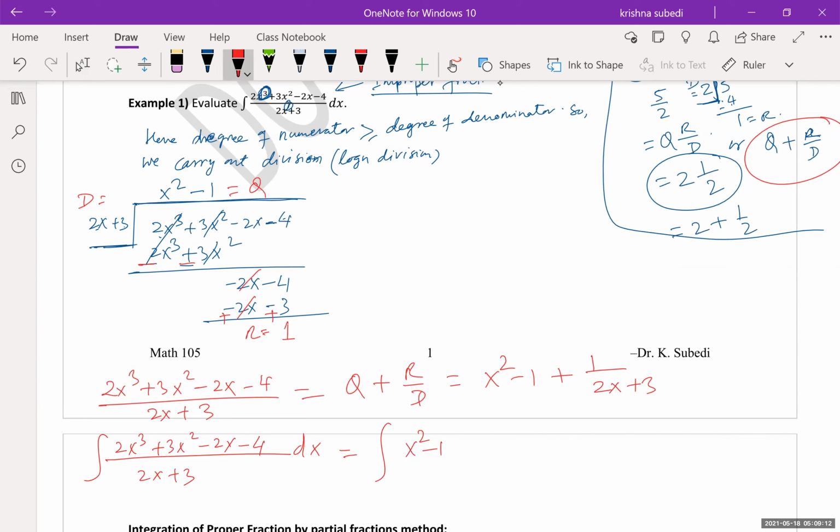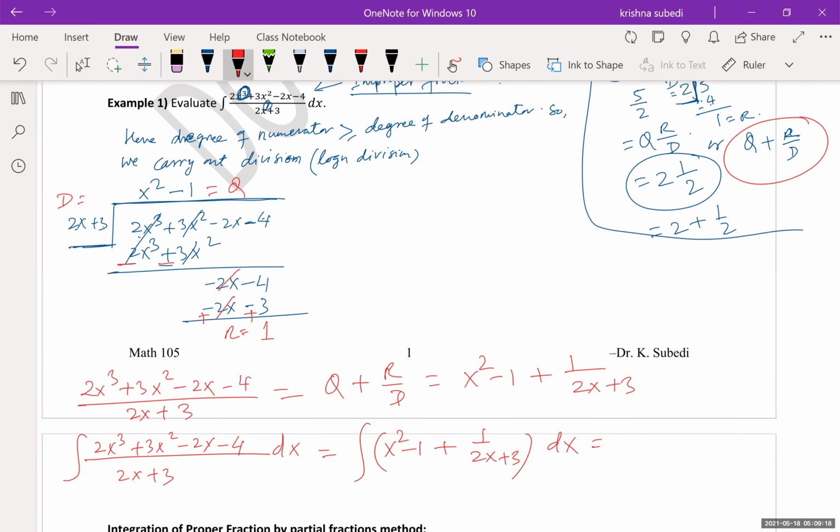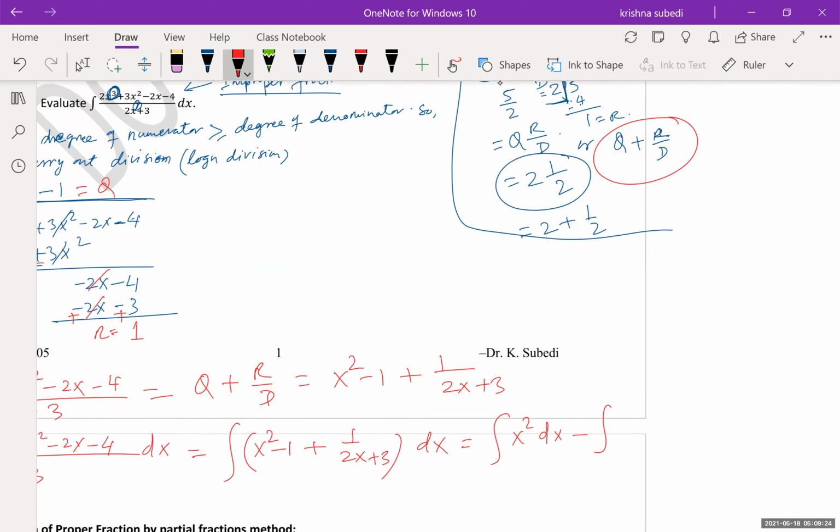It will be the integral of x squared minus 1 plus 1 over 2x plus 3 dx. So you can just separate them: x squared dx minus 1 dx plus the integral of 1 over 2x plus 3 dx.